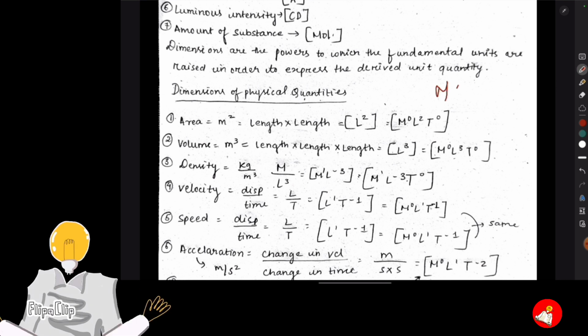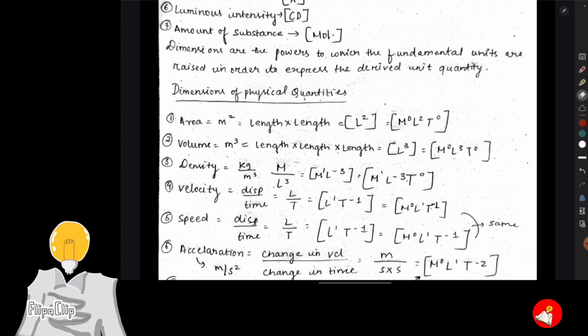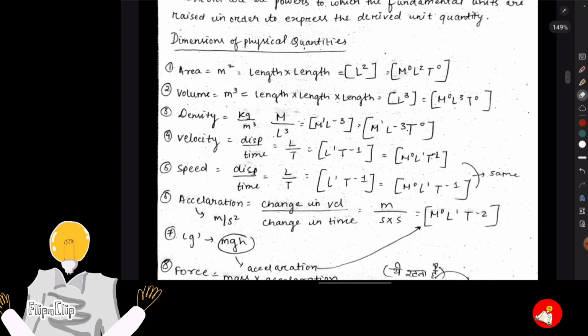Writing M L T, M to the x, T to the x, is a format. We need to write in this way. We cannot write L1 T0. We need to include M here, whether it has a power of 0 or not, that doesn't matter.